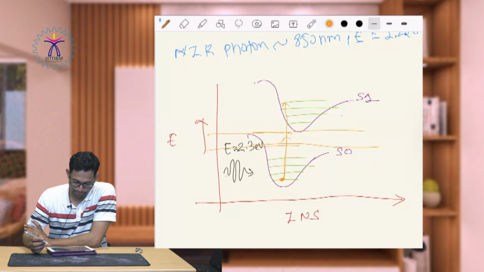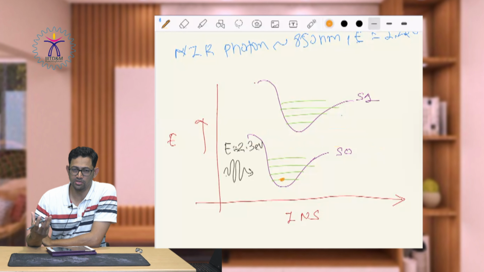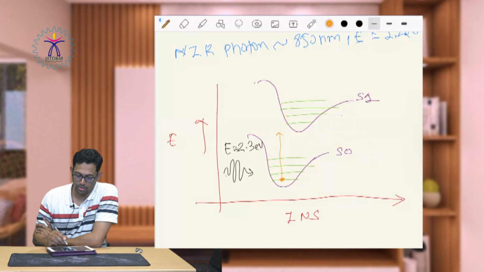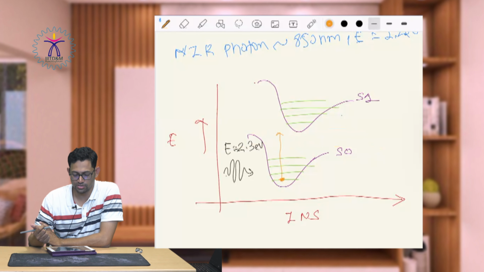Okay. Now, for example, let us see what will happen if it doesn't have that much energy, and it will go somewhere over here in the middle of both the electronic states, right.